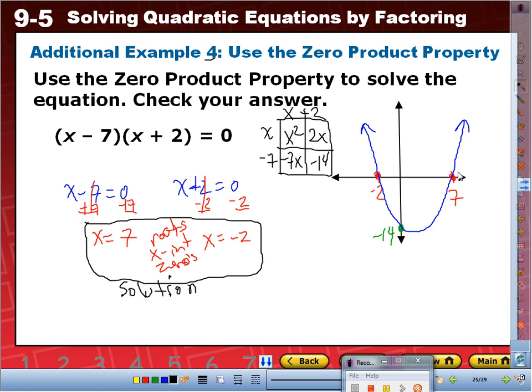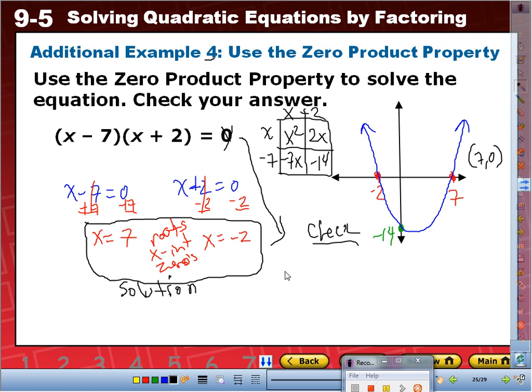Which one should I use? 7? Okay, I'm going to use 7. This is 7, 0. I need to substitute into the original equation, but we don't have an original equation, but we do have some variables, right? And what was this 0 before? Y. So therefore, I'm going to use this equation to check.